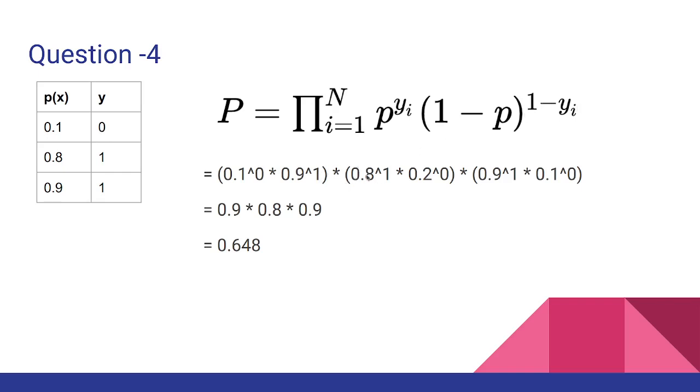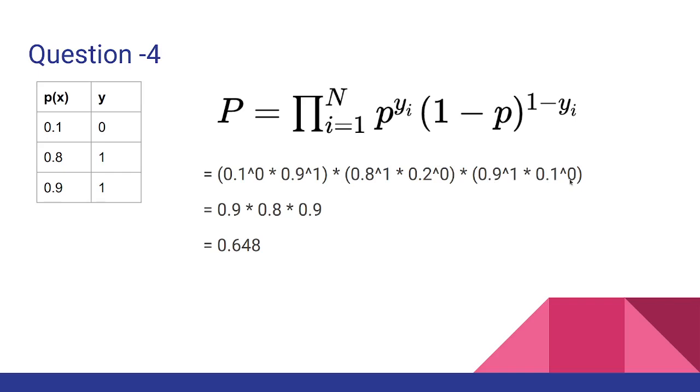Similarly here, p is 0.8 to the power yi, so yi is 1, so 0.8 to the power 1, then 1 minus 0.8, which is 0.2, to the power 1 minus 1, which is 0. Similarly here also 0.9 to the power 1, and then 1 minus 0.9, which is 0.1 to the power 0.